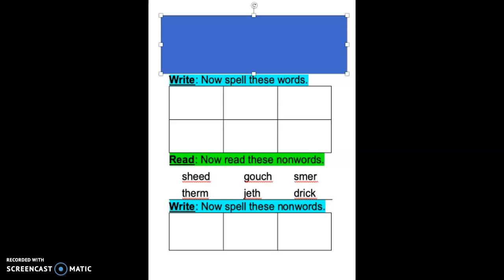Sheet. Next word, slouch. Slouch. Remember your CH versus TCH rule on that word. Next word, glue. Glue. Last word, brew. Brew. Now read these nonsense words.